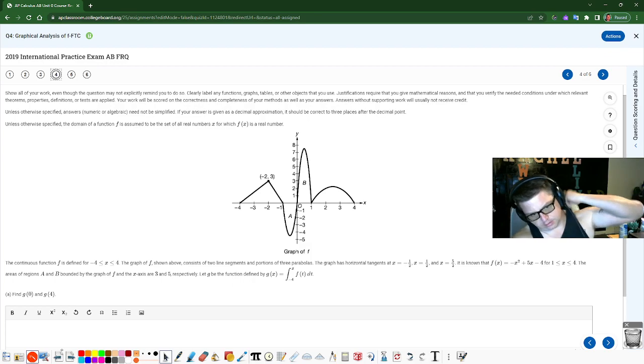So, classic graph. Well, looking at f, it looks like a normal graph, but when you look at this, if we integrate f of t dt, that would give us... oh, well, yeah, so they're just using the first rule, the fundamental theorem of calculus. Find g of 0, find g of 4.